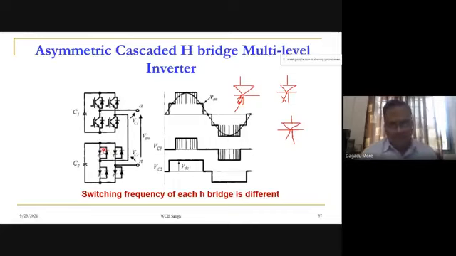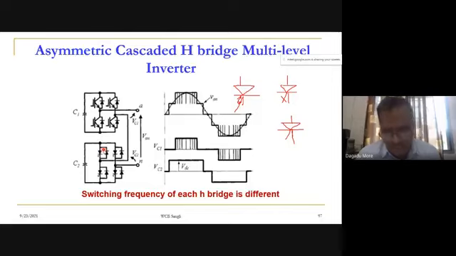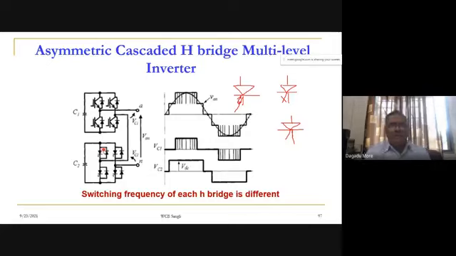So particularly in power system applications, if you go for a STATCOM, have you studied STATCOM now? No, sir. You have a power quality subject? Yes. So in that you have reactive power compensation. Have you heard the word reactive power compensation in the power system?